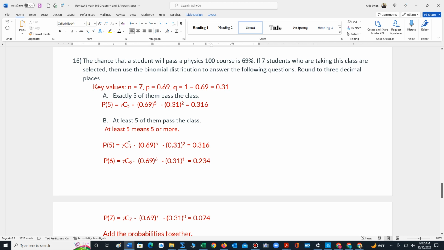We have 7 choose 5 times 0.69 to the 5th power times 0.31 squared, and that's a value we computed in part A. For probability that 6 pass, we have 7 choose 6 times 0.69 to the 6th power times 0.31, 7 minus 6 is to the 1 power. That's going to give us 0.234.